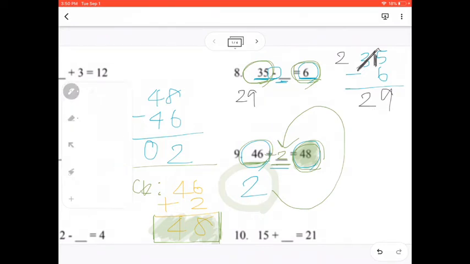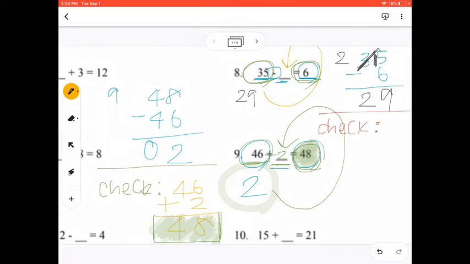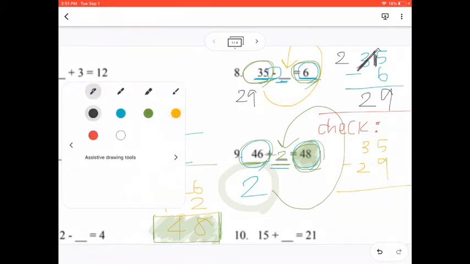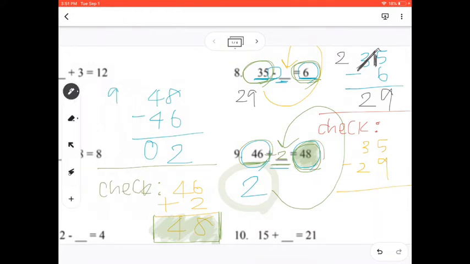If you're not sure, you can always check. If you put 29 in this blank spot, you have to do 35 minus 29, and you get 5 minus 9. Just like I showed you, you have to borrow. So 3 minus 1 is 2, and you add another 1 right here.